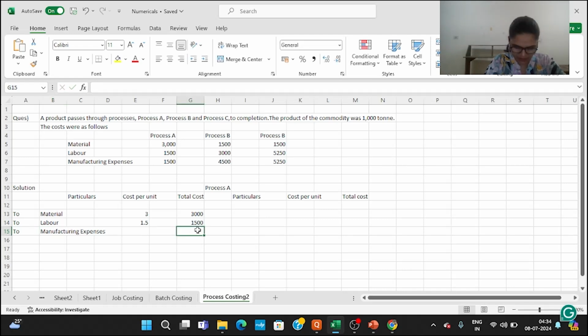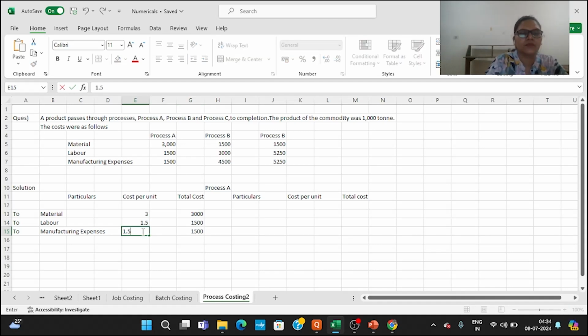Manufacturing expenses are 1500, then it is 1.5. Total cost is 6000, and total cost per ton is 6.0 per unit.